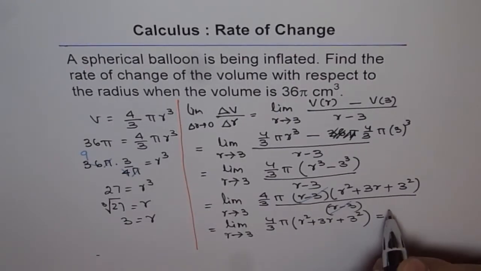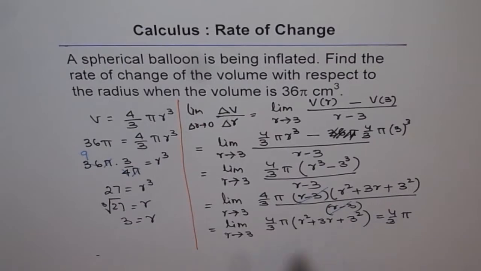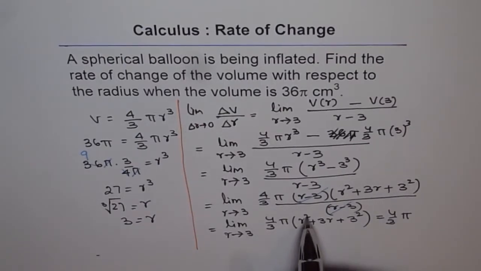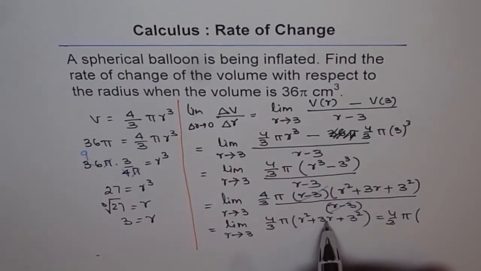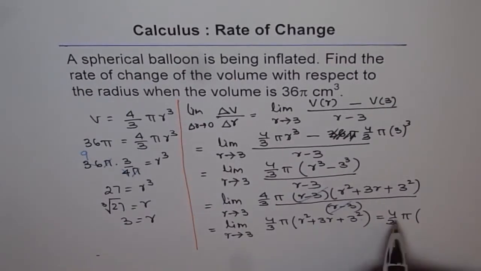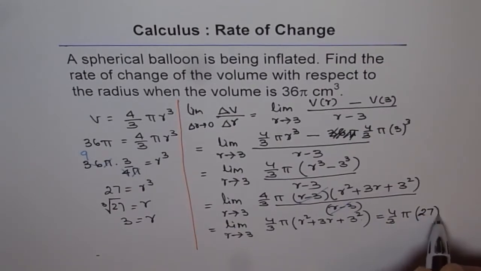So it is 4 by 3 pi, and if I write 3 here, I get 3 square, and then I get 3 times 3, and 3 square, right? So we get 3 square, which is 9. 3 times 3 is 9, and 3 square is again 9. So 9 plus 9 plus 9, 3 times 9, which is 27. Let me write 27.